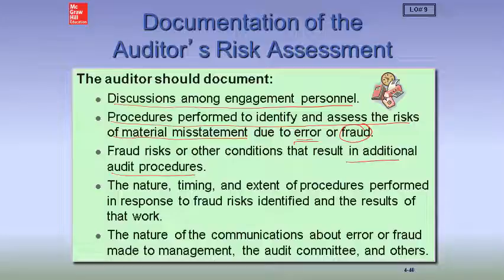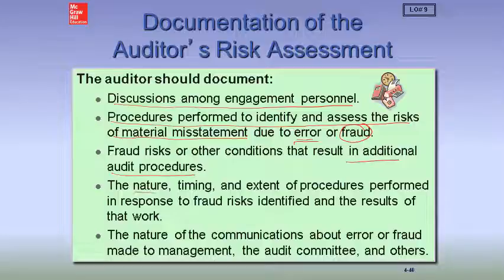So if we saw incentive and pressure, we saw opportunity, we saw rationalization of attitude, how did we respond? We responded at a financial statement level by assigning more experienced staff to the engagement. We responded at an assertion level by using more external evidence instead of internal evidence, etc.